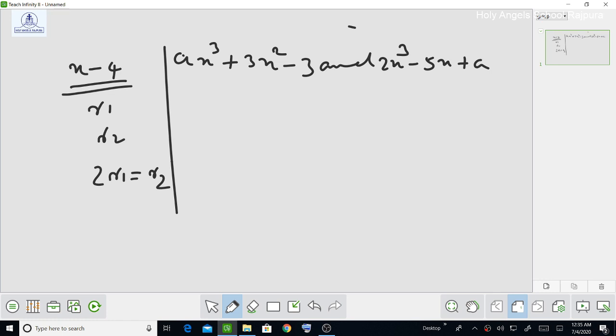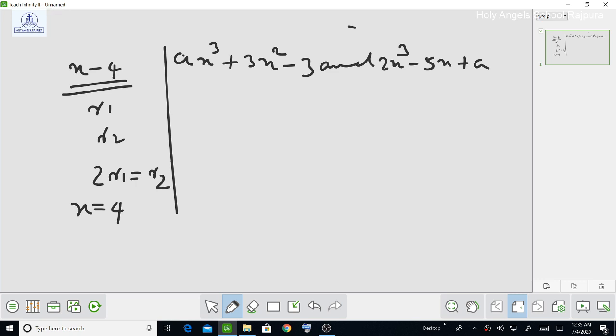Now, let us see, we have learned that any polynomial is divided by this x minus 4, the value of x is such that x minus 4 is equal to 0, so x is equal to 4.